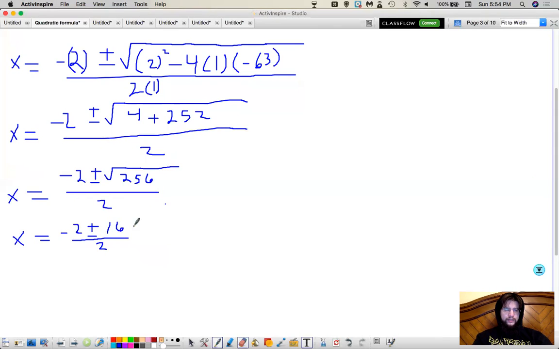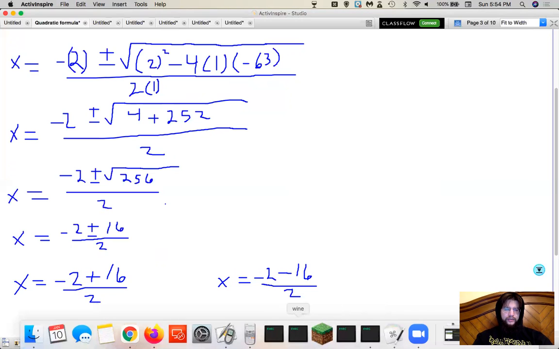Now that we've simplified as much as possible, we're going to split it up and find our two answers. So first, x equals negative 2 plus 16 over 2. Second, x equals negative 2 minus 16 over 2.